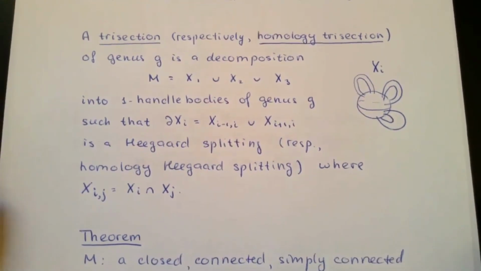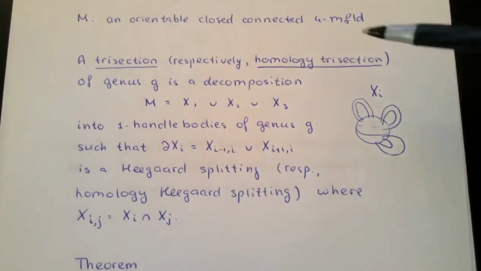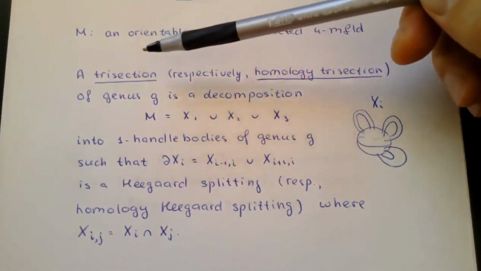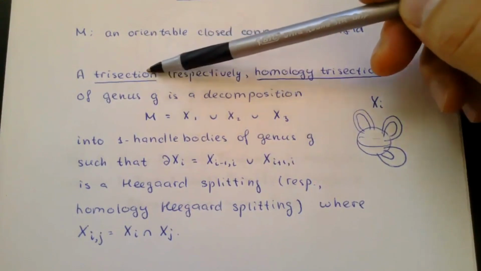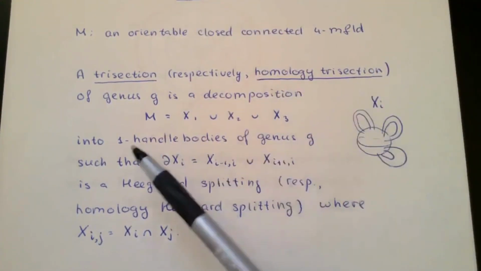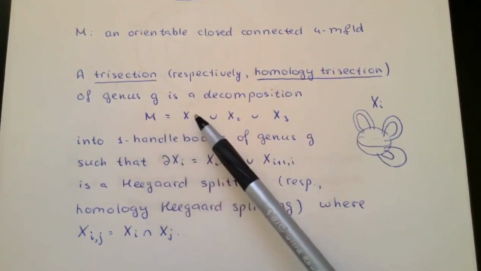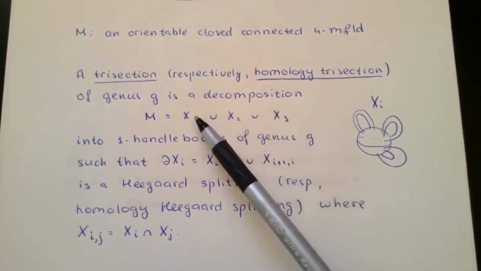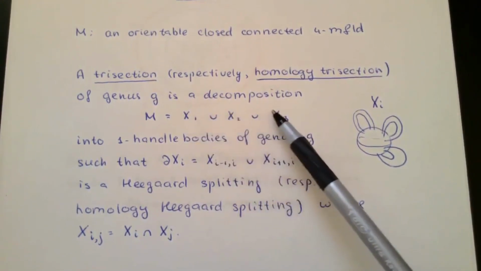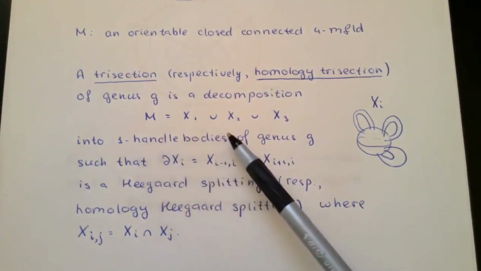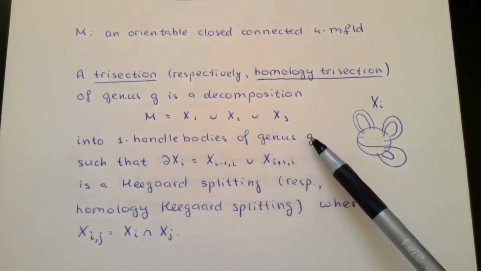So I would like to point your attention to the fact that both in the definition of a trisection and in the definition of a homology trisection, the manifold M is decomposed into genuine one-handle bodies. So the manifolds X1, X2, and X3 in both cases are genuine one-handle bodies of genus g.